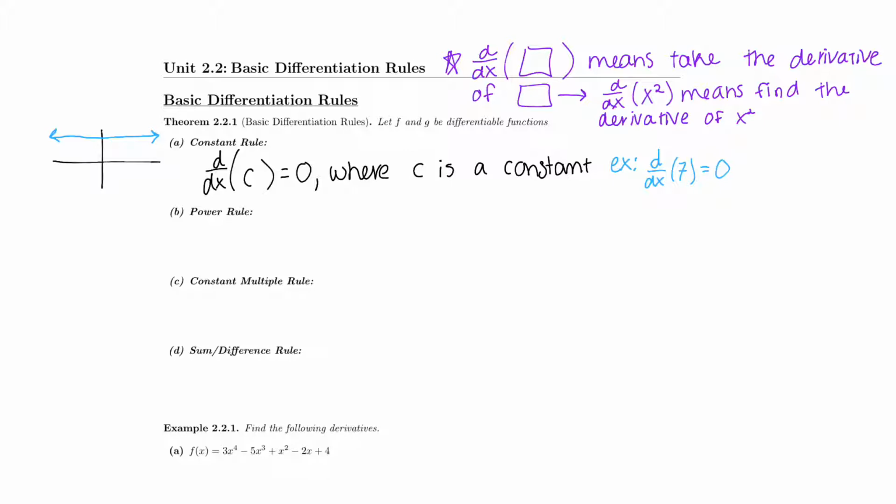It's a straight horizontal line, and horizontal lines have no slope. So this would be something like y equals 7, the line y equals 7. And if we found a tangent line for any point on there, the tangent line is going to have a slope of 0. So the derivative of a constant is just 0.